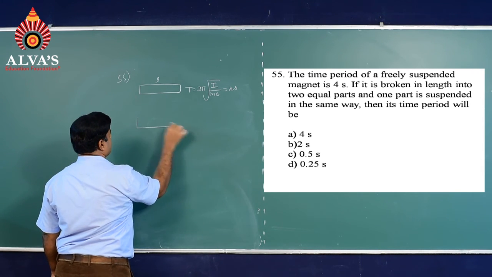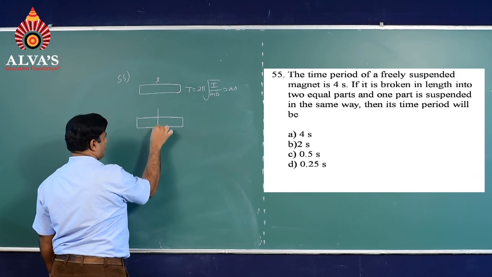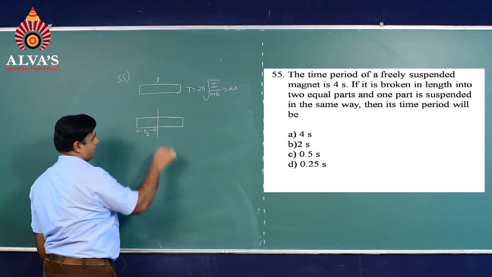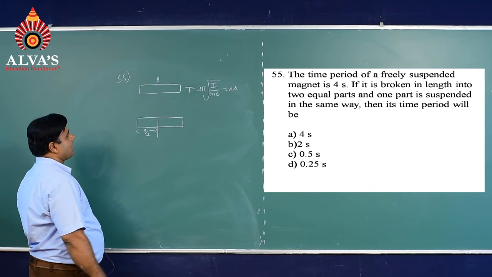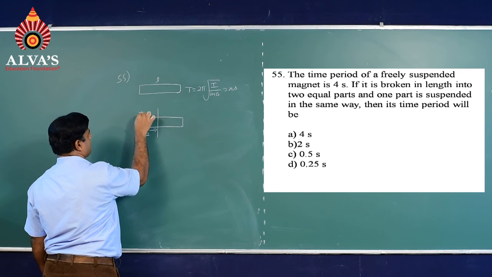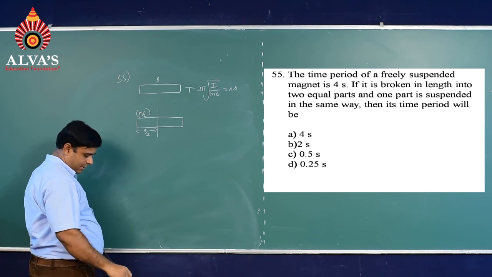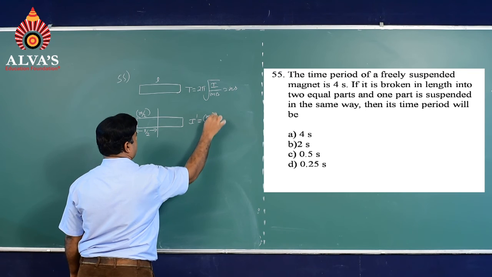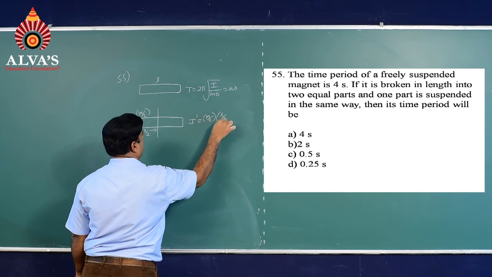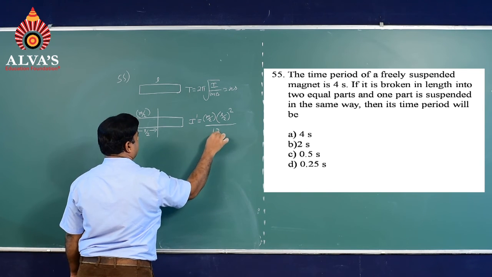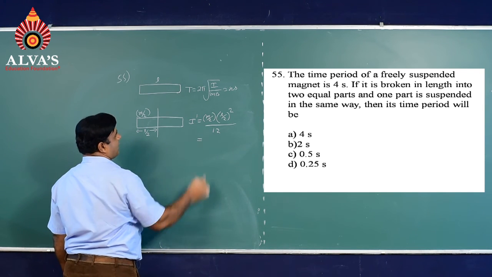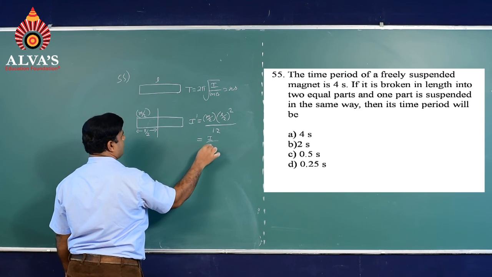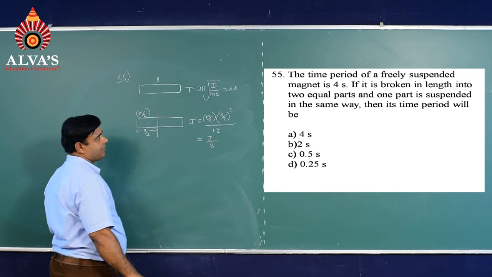Now, this rod is cut into 2 equal parts, the length of one becomes L divided by 2. The mass of the total is m, one part becomes m divided by 2. Therefore, the moment of inertia is mass into length squared, L by 2 whole squared divided by 12, which becomes mL squared by 12, the original moment of inertia, times 1 by 4 into 1 by 2, which is 1 by 8. So, I divided by 8.